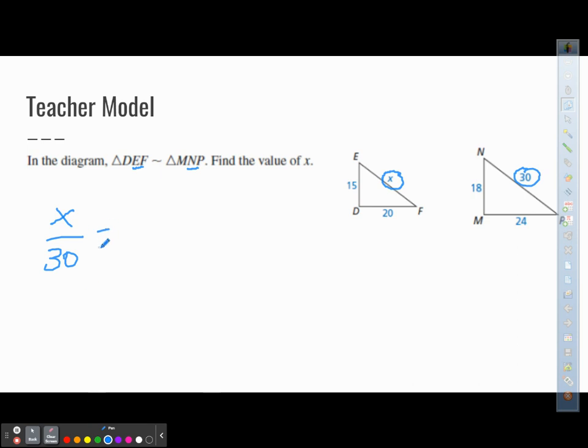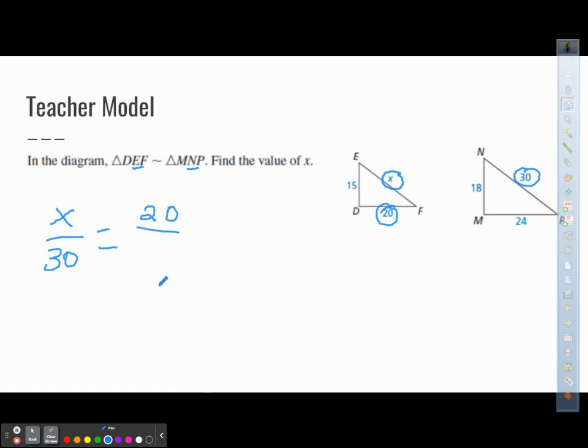And then you would put equals. Then pick either of these two sides. It doesn't matter. Just pick one. You can either pick the 15 or you can pick the 20. Okay. I'm going to pick the 20. Since it's on the same triangle as X, it also has to go on top.